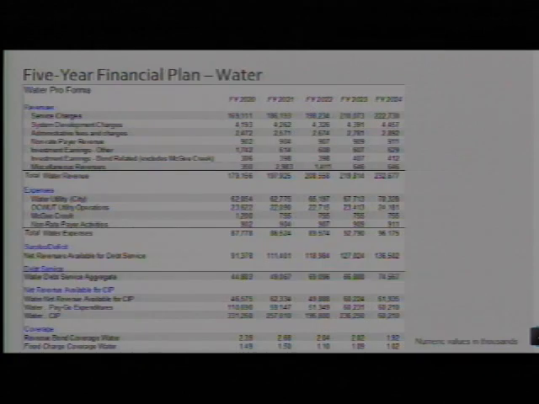And so as we take a look at our 5-year financial plan for water, we can see our revenues at the top. We're forecasting about $179 million for this fiscal year, FY 2020, increasing to over $232 million in the 5-year period. The main contributors to our revenues are our service charges and our system development charges as well. Our expenses are primarily composed of our city operations that pay for staff salaries, services, and supplies.